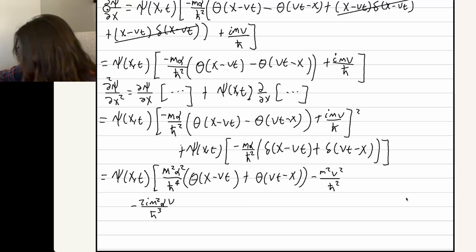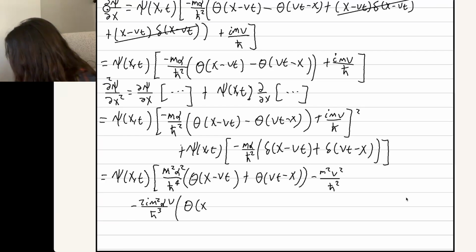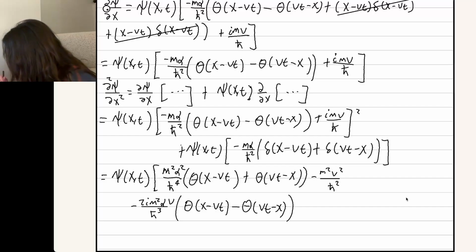This is all very annoying to write, if I'm honest, because it is just a big wave function. Minus 2m alpha over h bar squared delta of x minus vt.